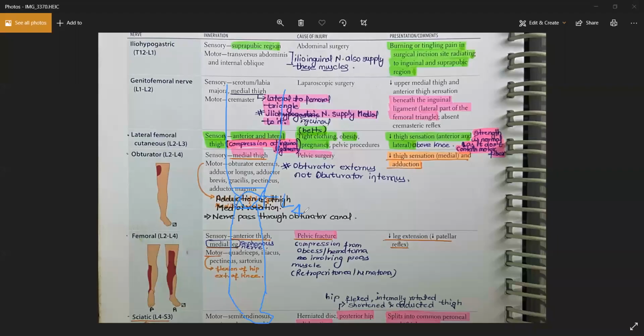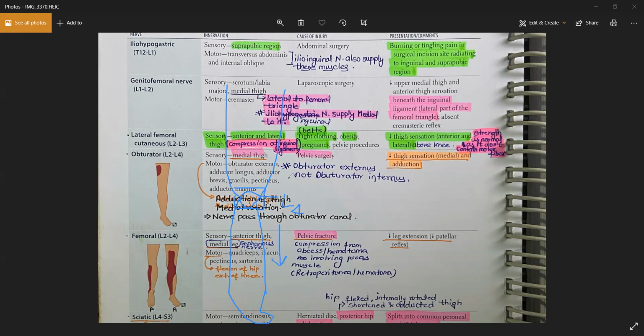So above L4, every nerve having L1, L2, L3 will supply only the thigh structures, and only the nerves which have nerve roots after L4, like L5, S1, S2, and S3, will be supplying the structures of the leg.